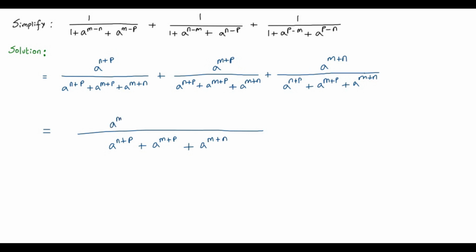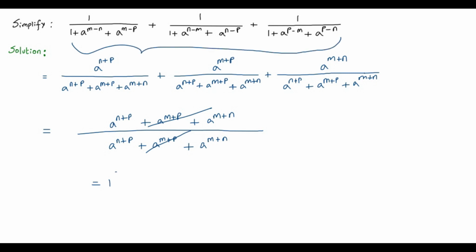So a to the power of n plus p, a to the power of m plus p plus a to the power of m plus n. Now in this fraction, both numerator and denominator are same, so we can cancel them. So the result is going to be 1. So the simplification of the given expression is equal to 1.